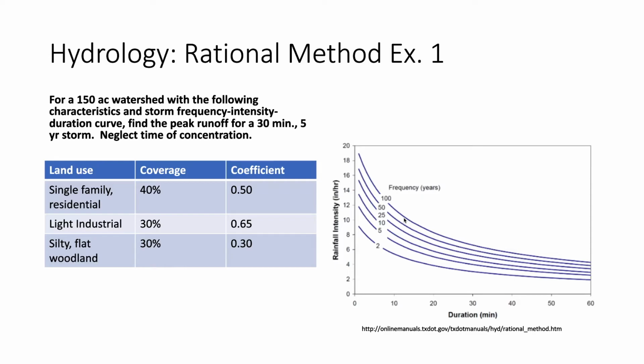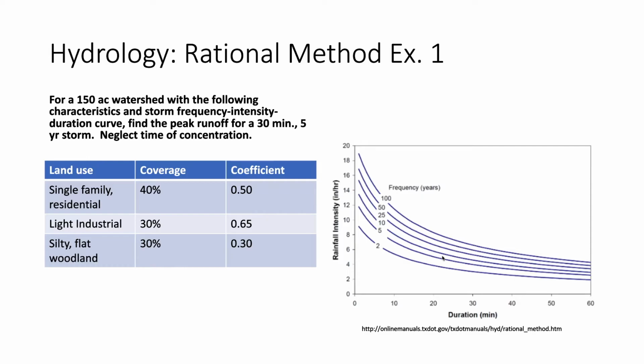There's more to it, of course, but that's a pretty quick description. So we're going to look at, for this example, a 30-minute duration, 5-year storm, and we'll be using that information, and then we'll be neglecting the time of concentration.